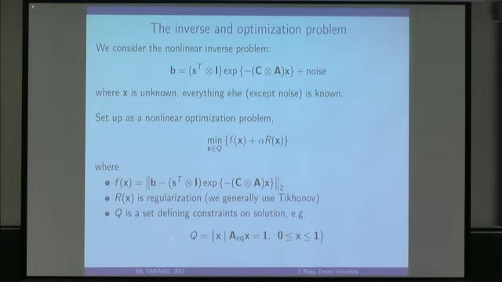And this set Q, and you'll see where this comes from as I talk about the model, is a very simple constraint set. There'll be certain values that will sum to 1 in here, and then also we'll have a bound constraint as well.